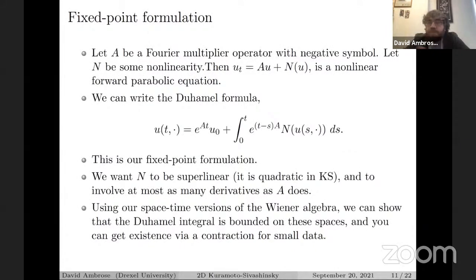Okay, I'm going to skip this slide, I think. I mentioned that you can use this formulation to get a fixed point: here you have the Duhamel formula, and that's your fixed point equation.